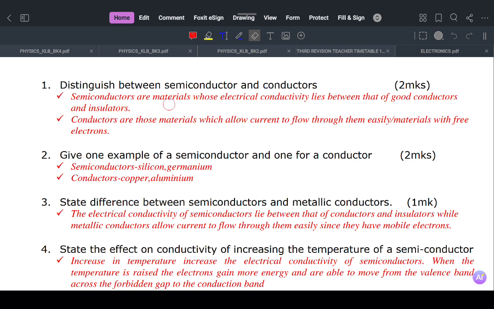So semiconductors lie between these two types. In other words, semiconductors are not very good conductors, and not very poor conductors, but they lie between good conductors and the insulators.